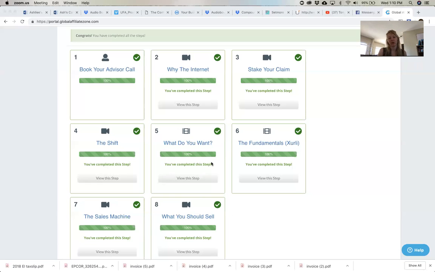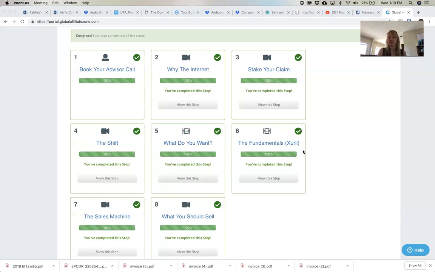So these are actually the questions that the advisor can see before the call, just to get to know the person better. So this is something that we look at. Ensuring that these questions are filled out in detail and as truthfully as possible is always best.